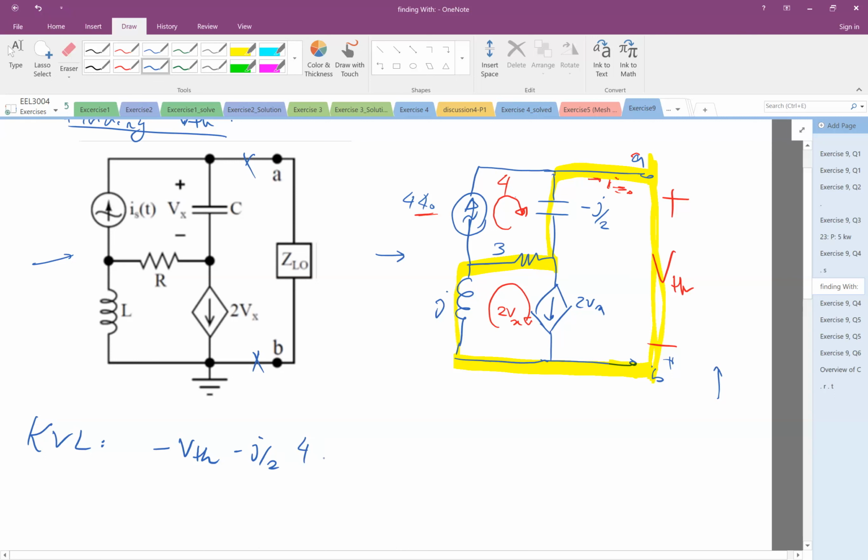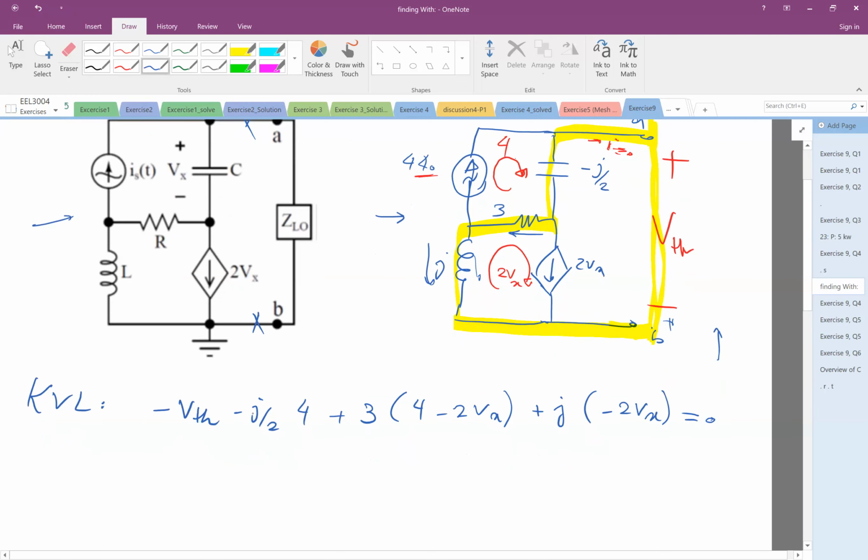It's 4. Then I come here, 3 times this current, which is 4 minus 2Vx, plus from here j times the current, which is going down. 2Vx is going up, so negative 2Vx is going down. This is equal to 0.